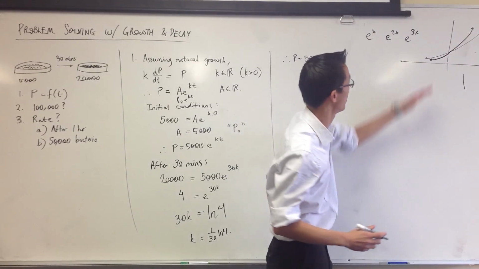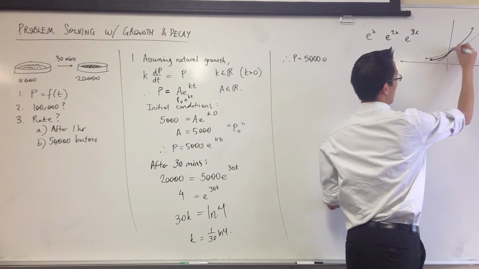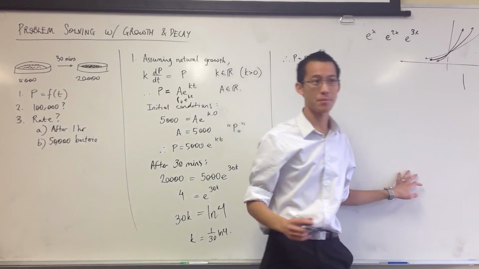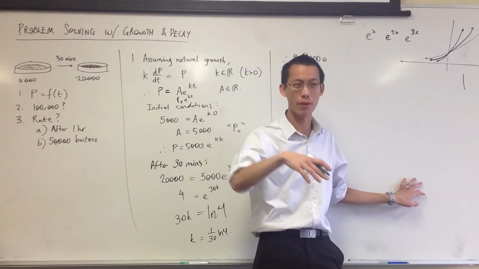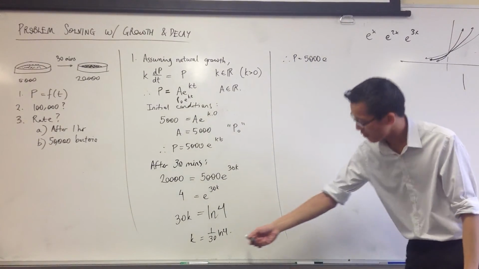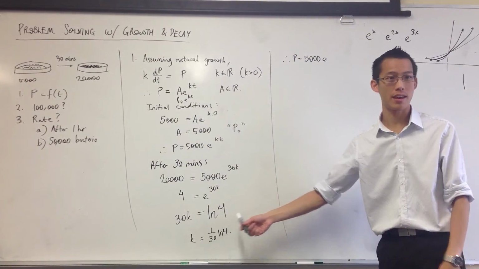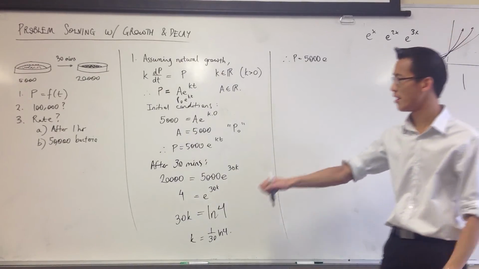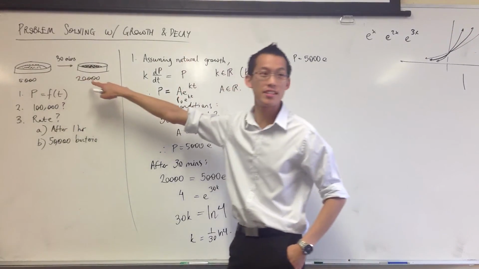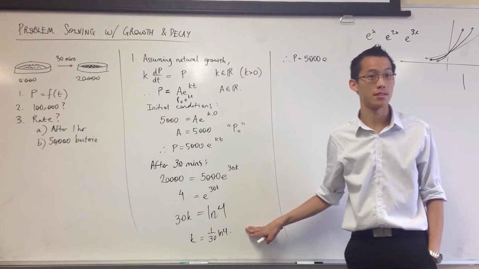Sorry, it's a bit wonky, but you're getting the idea. And that would be 3x. So whether you're decaying or growing, everything will happen faster. So that's what this number here defines: how do things go from one to another? Which is why we use this condition and this condition together to come up with this number.